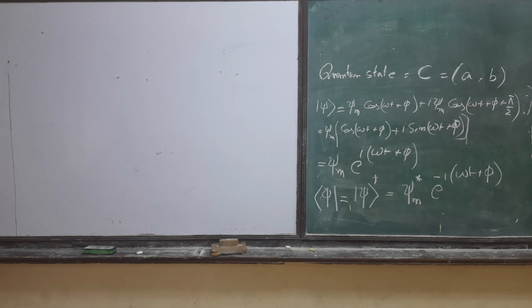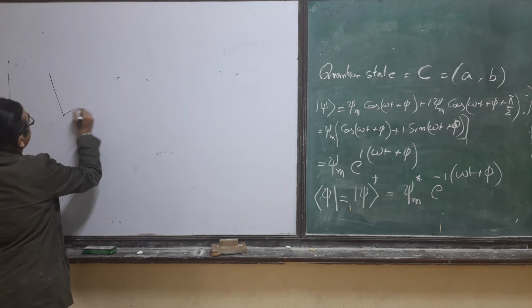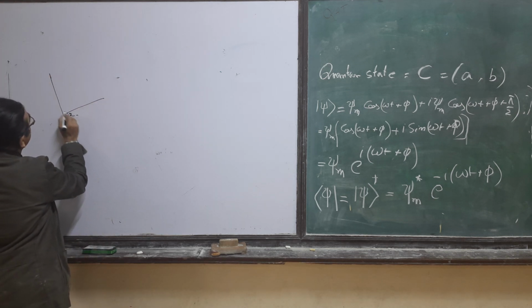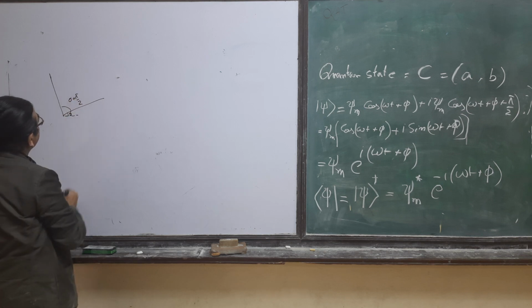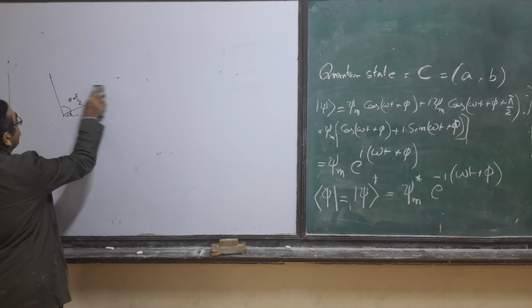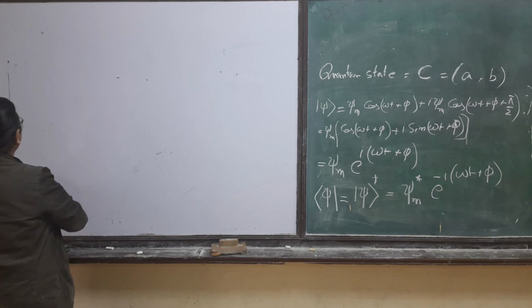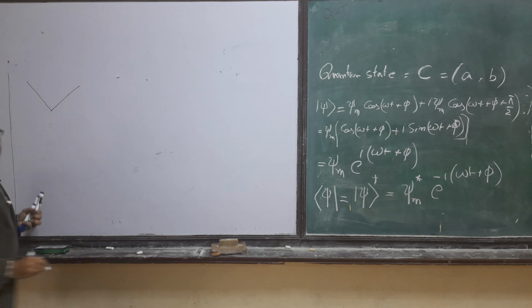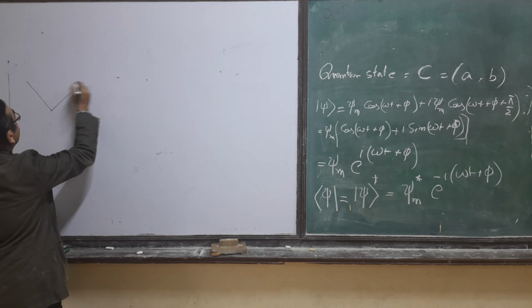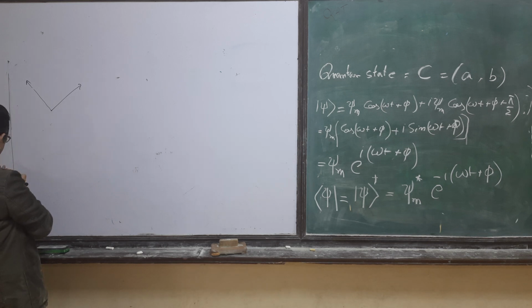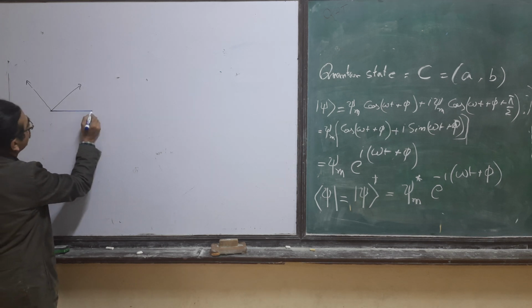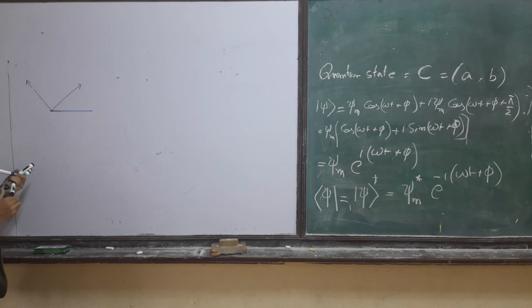Yes. If this is along theta, if this is making angle theta, this will be theta plus pi by 2. Let's suppose this is a horizontal line. This angle is 90.